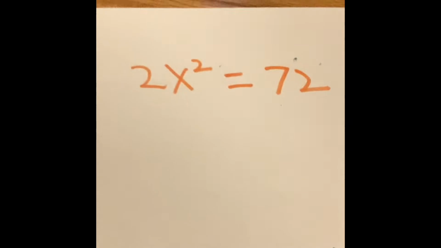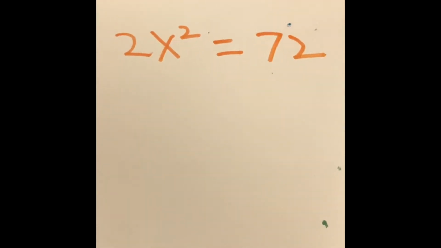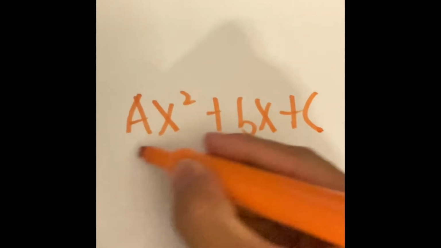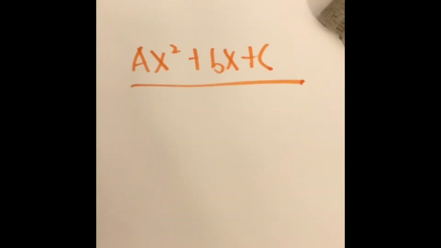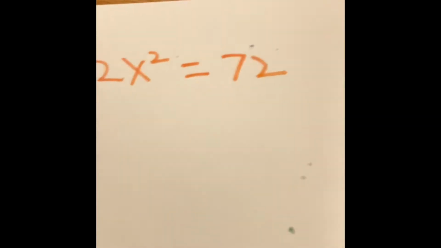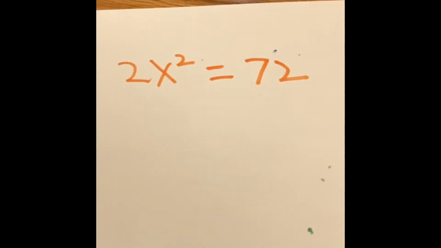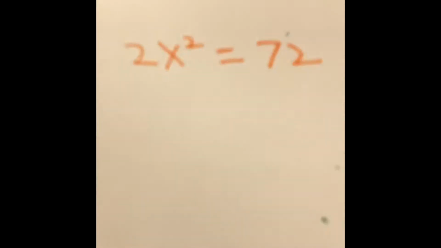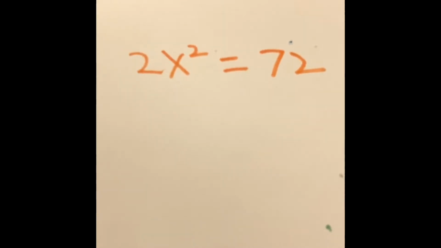So we have 2x squared equals 72. We've been learning that a quadratic trinomial is ax squared plus bx plus c. That is known as quadratic standard form. What kind of method would you think would work for solving this? Well, in this case it's actually a quadratic binomial because there are two terms.